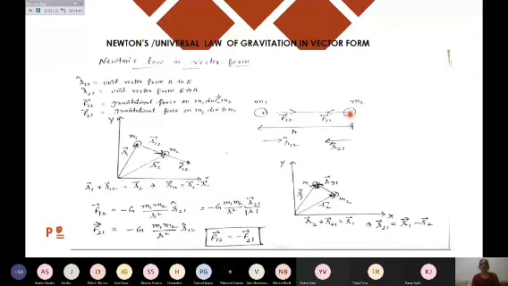So when I'm taking the force on 1 due to 2, that is of course away from 1, as we have discussed. If you take the case of earth, then you observe that the bodies are falling towards the earth.